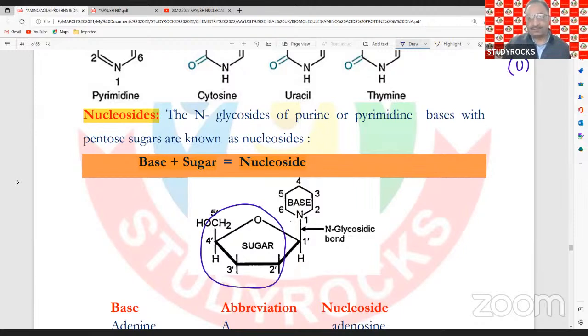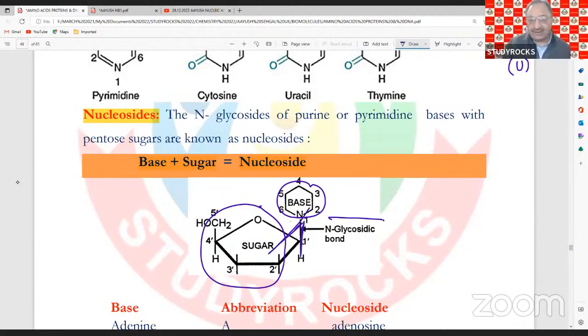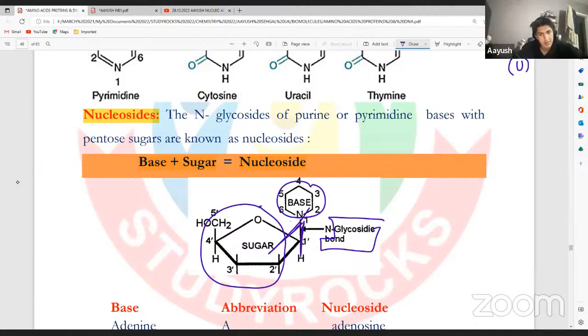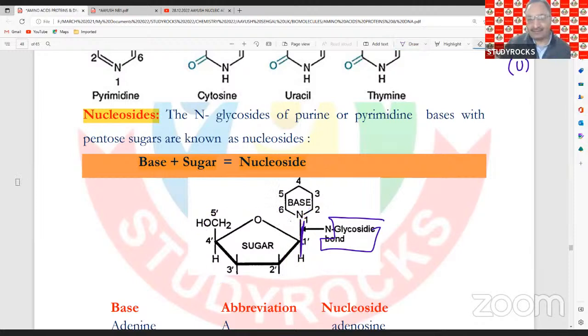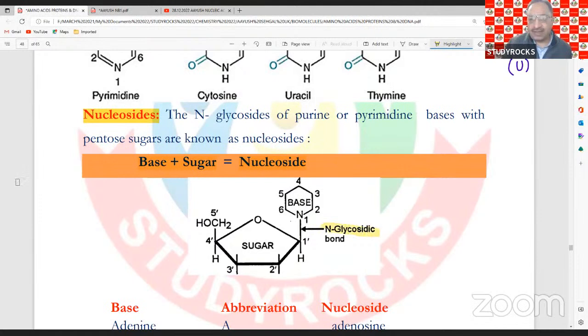This is sugar and this is base. The bond between the two is called glycosidic bond, the bond linking nitrogen base with sugar.